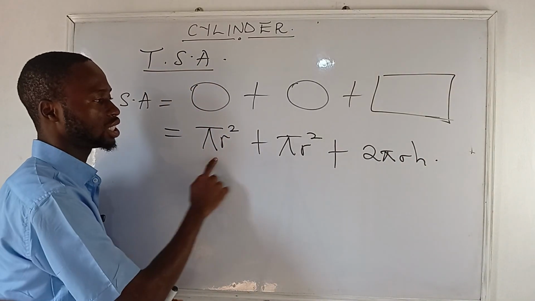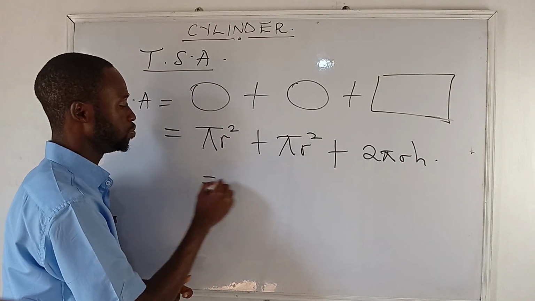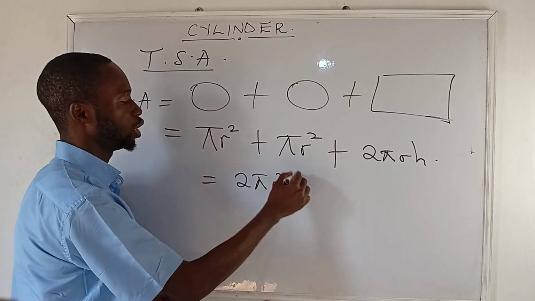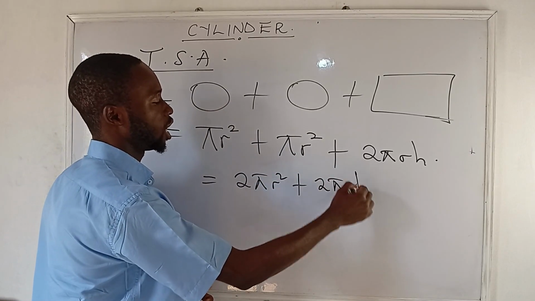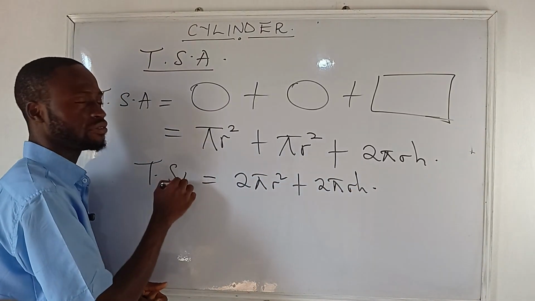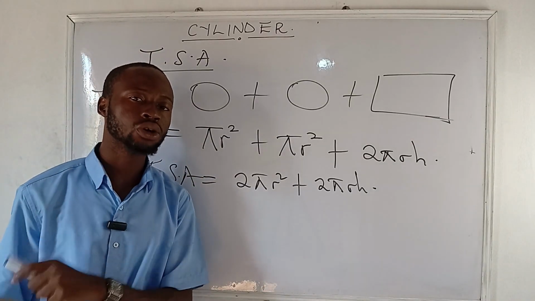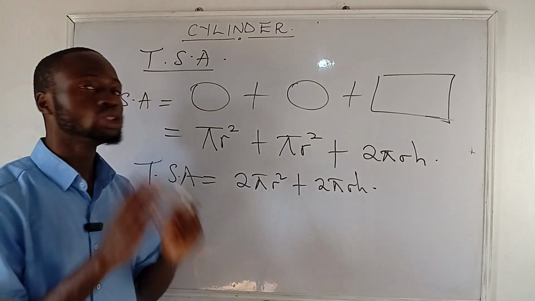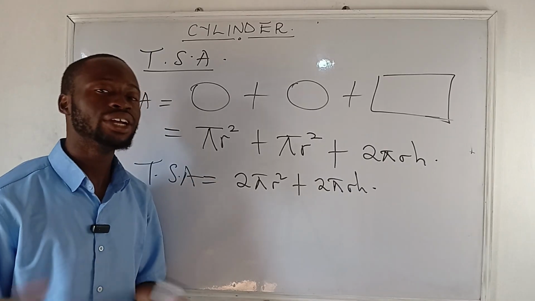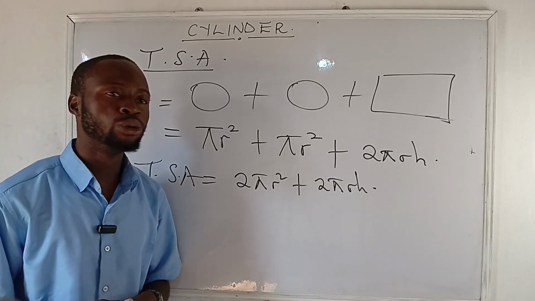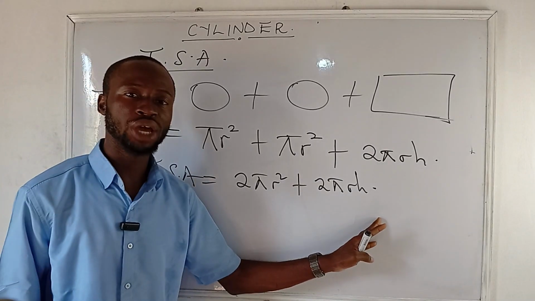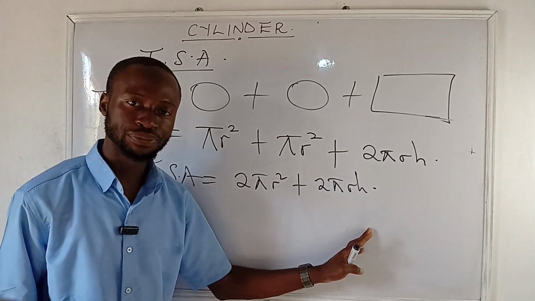So I notice that I can sum them together to give me 2 pi r square plus 2 pi r h. This that I have here is known as the total surface area of a solid cylinder, or just the total area of a cylinder. Now this, take it anywhere, this is the total surface area.